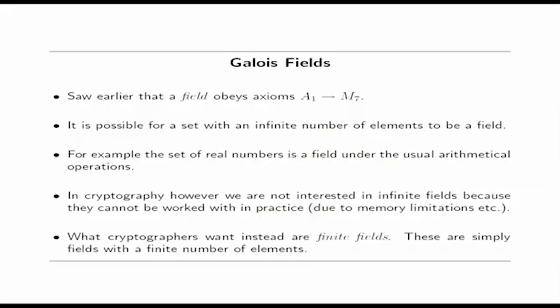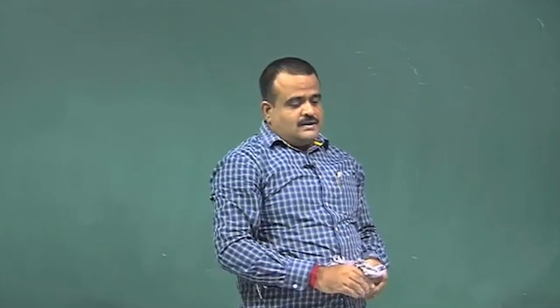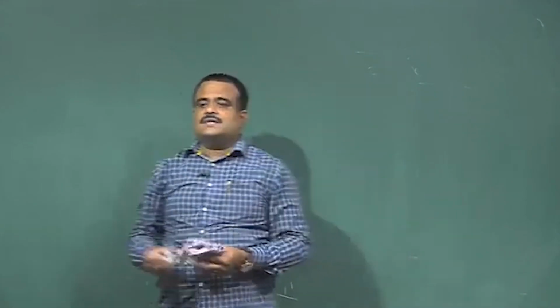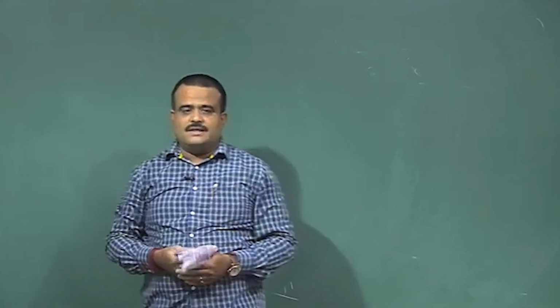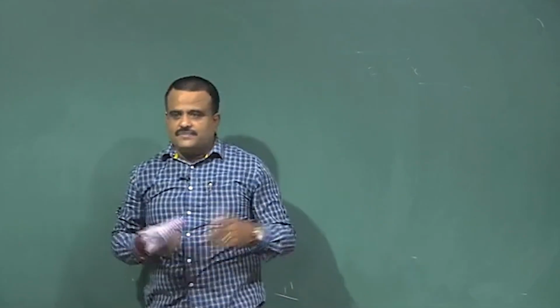For field operations we have seen there are some properties which the set must obey to be a field under the two operations plus and dot, and this field could be infinite. We have seen the real number field, the set of real numbers with the usual addition and multiplication, is a field, and it is an infinite field.